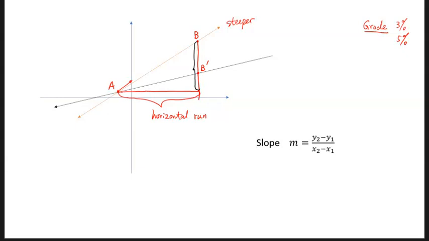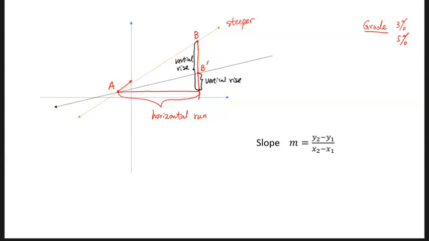But if you drive on the black line, the rise is only this much. So this is the vertical rise for the orange line, and this is the vertical rise for the black line.